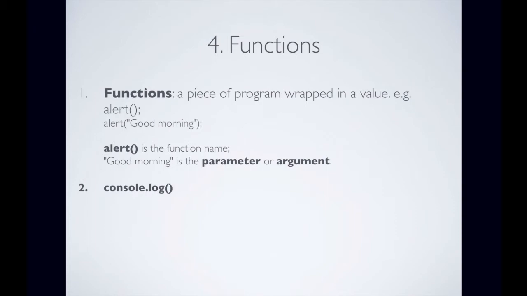So console.log, which we mentioned just now, is also a function, meaning to print something on the console. And then another thing called return value. For alert, it does something for you, and there is another kind of function that calculates and then returns the result to you. So here is an example. The function is called Math.max.